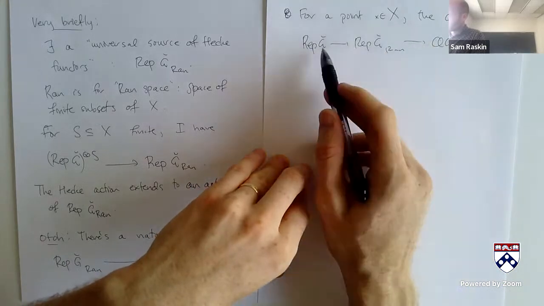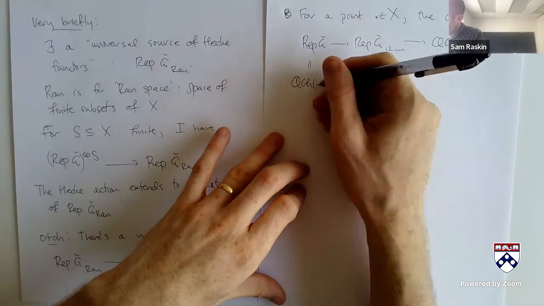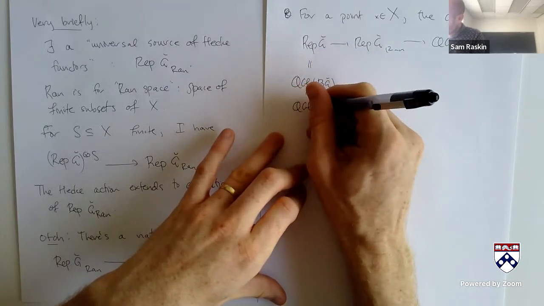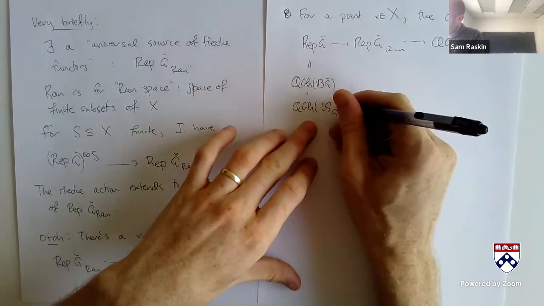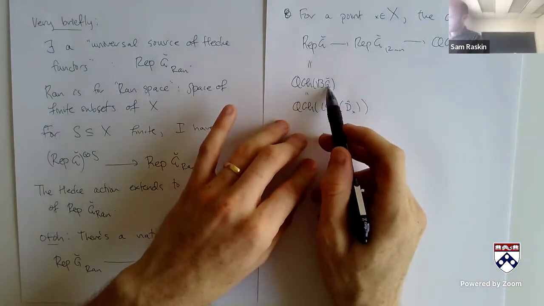The functor is like this. This I can think of as quasi-coherent sheaves on BG check, which I could also think of as quasi-coherent sheaves on the space of local systems on a small disk around the point X. So BG check is the classifying space.